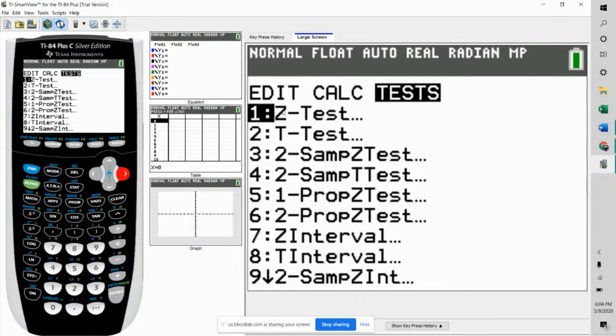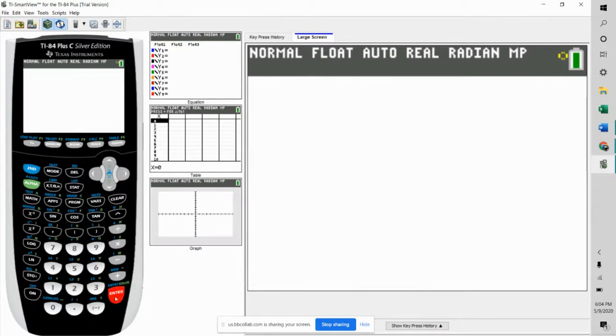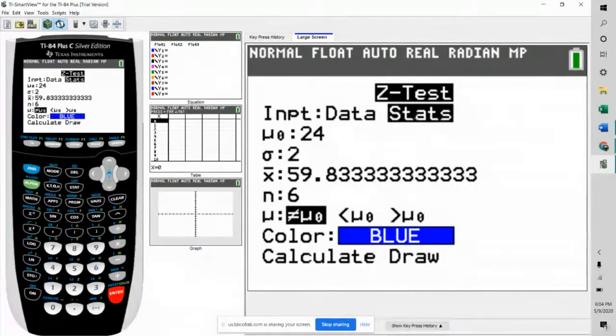Now when we're doing one, let's assume we're doing a Z test. Enter. Now you can use data. So if you had a list of data, you don't have to find the mean and the standard deviation. You could use that, or you can type it in yourself. A lot of the problems don't give the whole list of data. They just give the statistics.